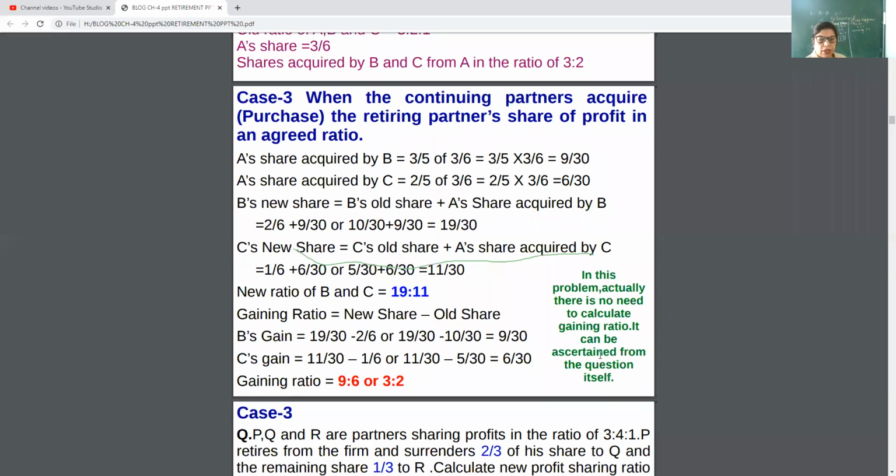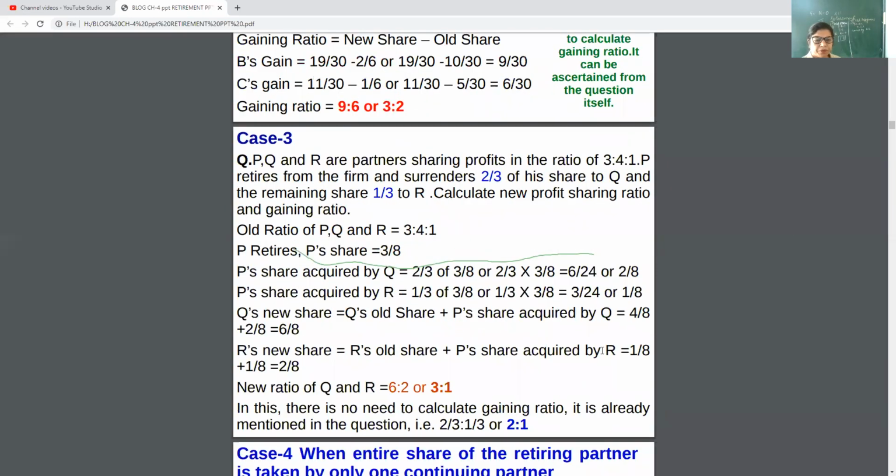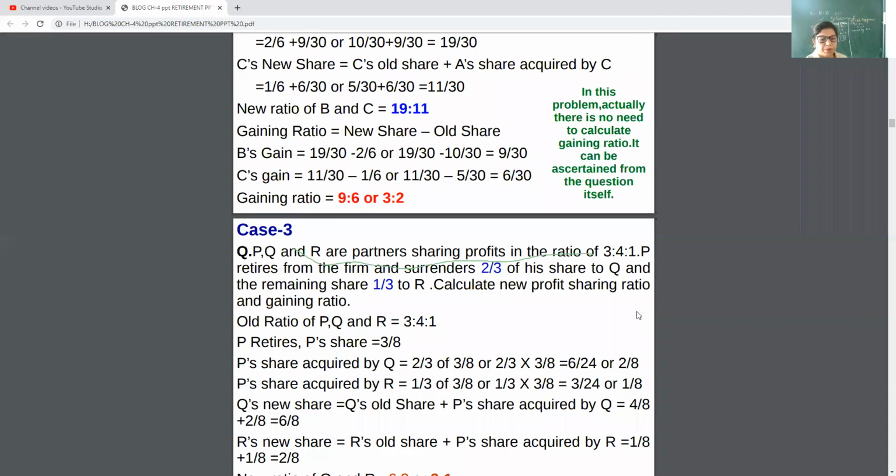See, I am giving you one more example. P, Q, R are partners in 3:4:1. P retires and surrenders 2/3 of his share to Q and 1/3 to R. Calculate the new profit sharing ratio and gaining ratio.